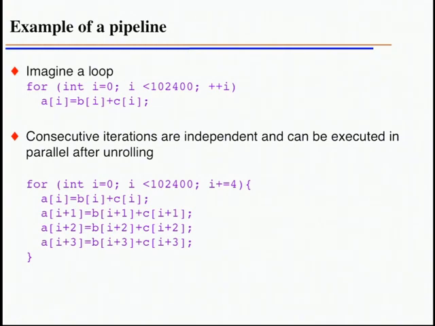Now why this unrolling? Well, otherwise after one addition you would be back to this check of the loop count. And this check, of course, needs to know what the previous iteration was.